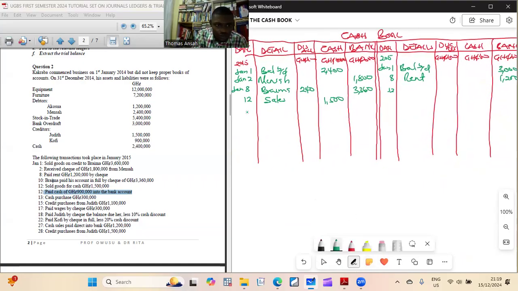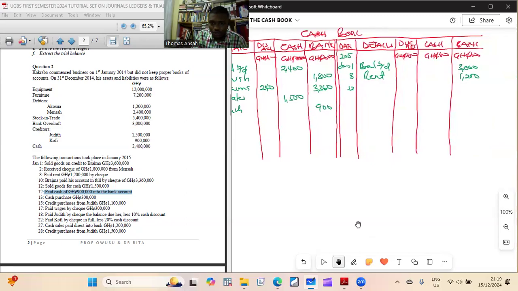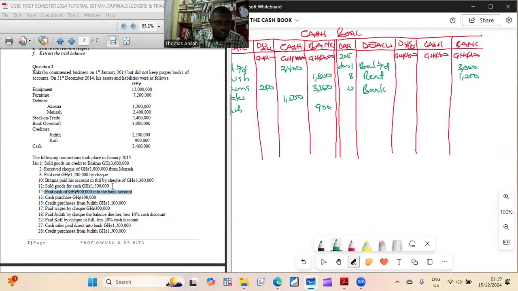So that one is January 12 again. Okay. So you have cash that is being paid to bank, which is going to let your bank increase. And your cash is reducing. So you write here bank, and your cash is reducing by 900.